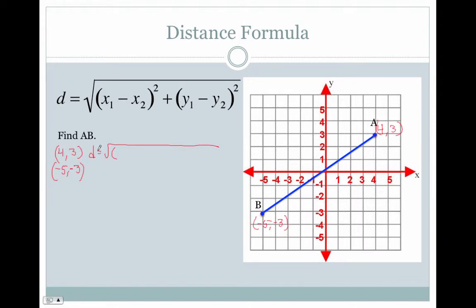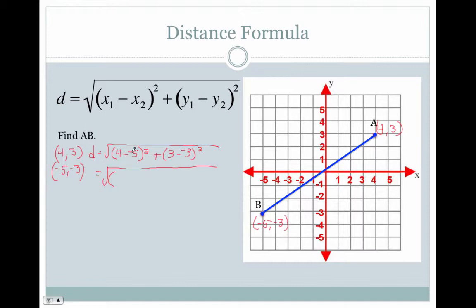Subtract the x's, 4 minus -5. Make sure you write the minus before you go grab the number, because otherwise you get some problems in here. And then my y's, 3 minus -3. And like I say, if you need to pause, because I tend to write fast, go right ahead.